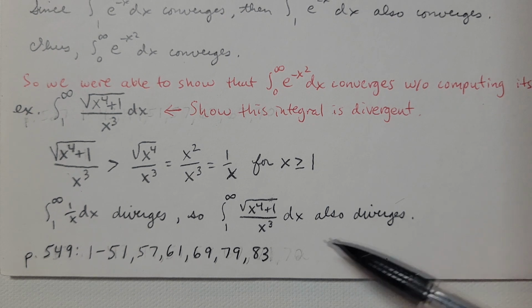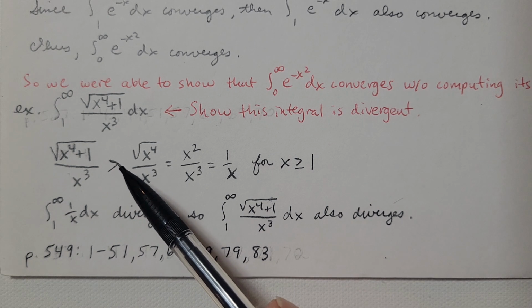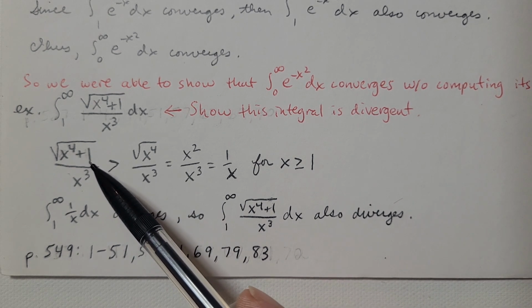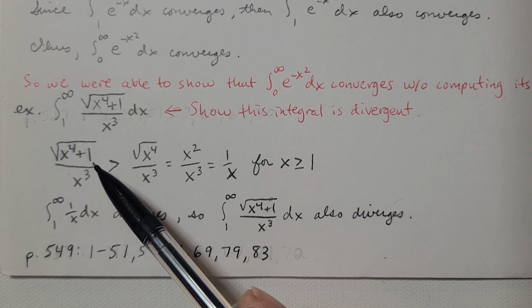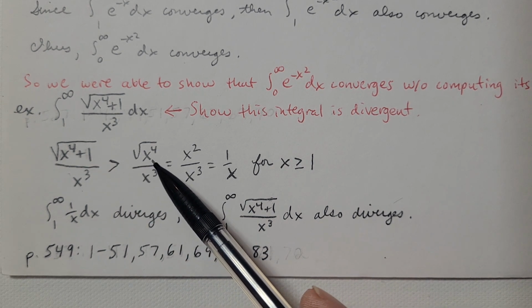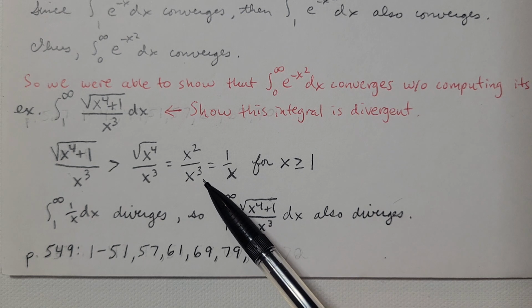Well, if I get rid of the plus 1 there, the left side is always going to be bigger than the right side if I'm adding 1 in the numerator, right? So the square root of x to the 4th is the same as x squared. And I have x squared divided by x cubed.